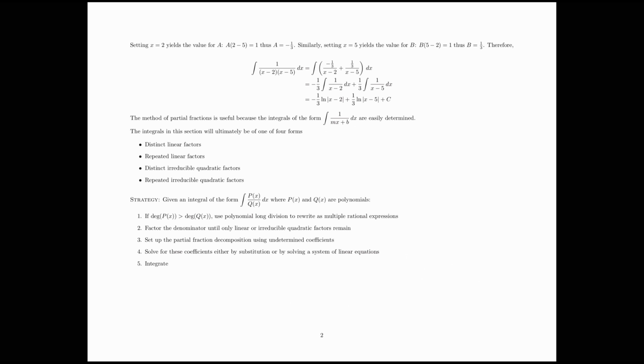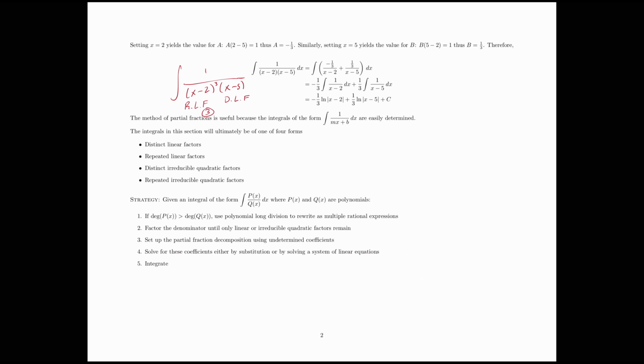But what if you had the integral of, let's say, 1 over x minus 2 cubed times x minus 5? Then this x minus 5 would be considered a distinct linear factor. But x minus 2 would be considered a repeated linear factor. It's repeated 3 times.